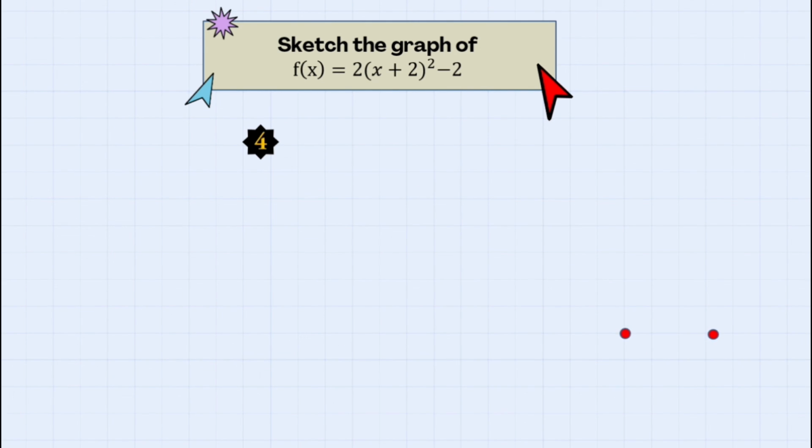Let us proceed with step 4. In step 4, we need to find the intersection points on the x-axis, remember? So what we need to do is to let f of x equal 0. Do you remember the general form of the function that we expanded just now?